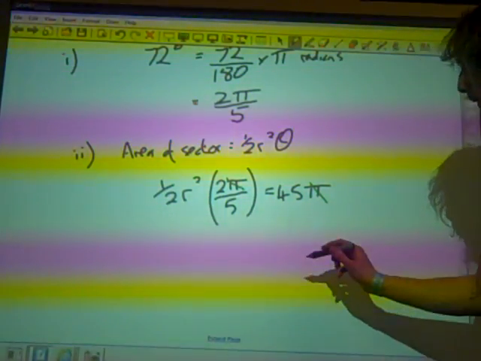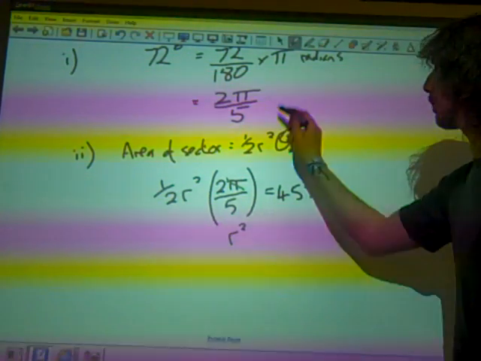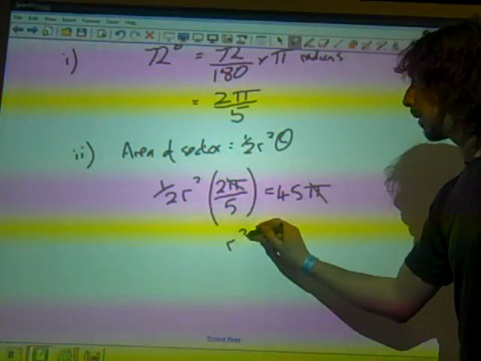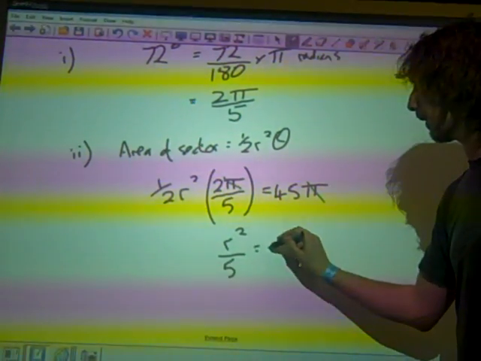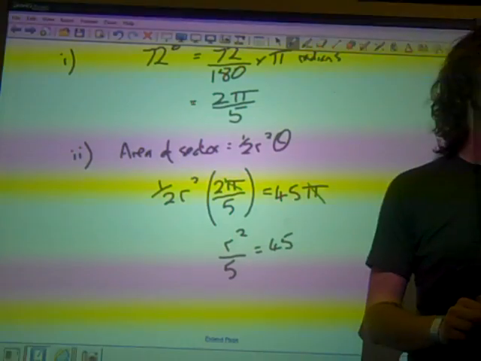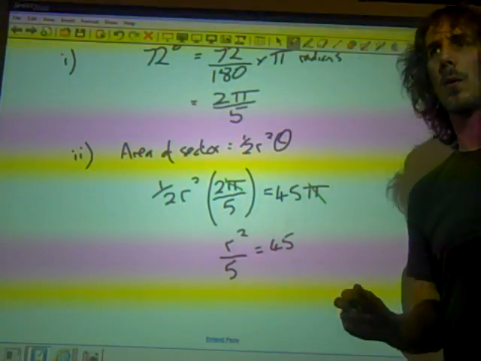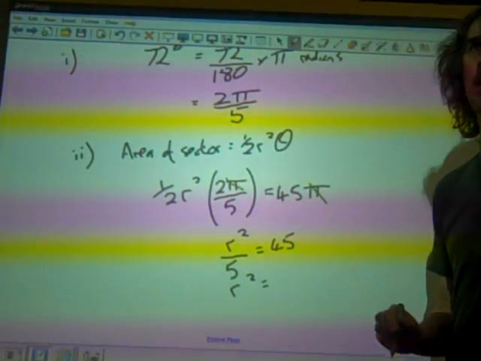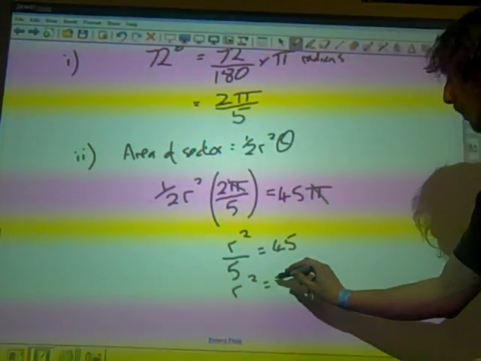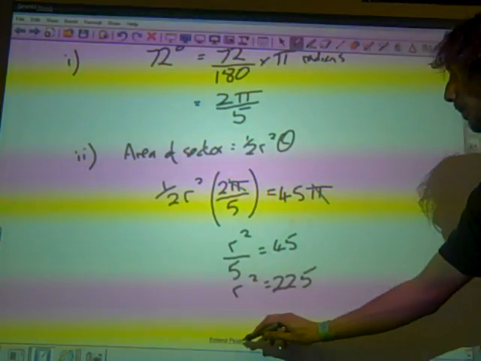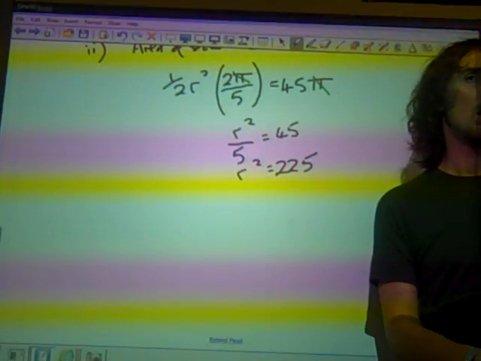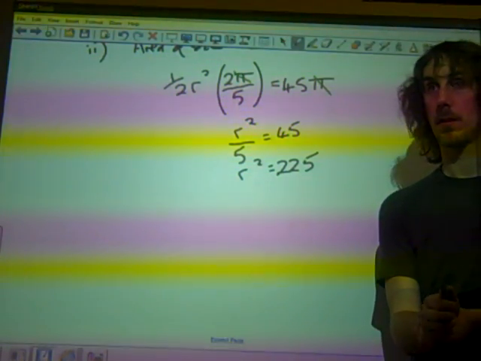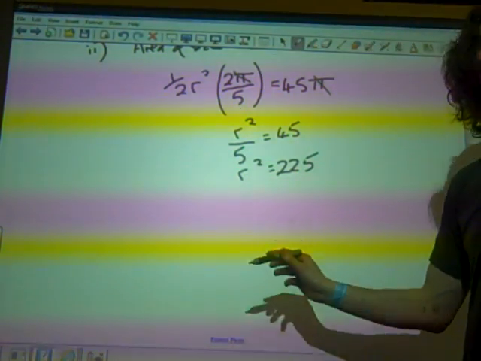We've got R squared over 5 is 45. So R squared is 225. And if we square root that, we get 15.